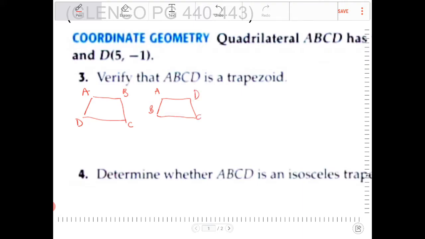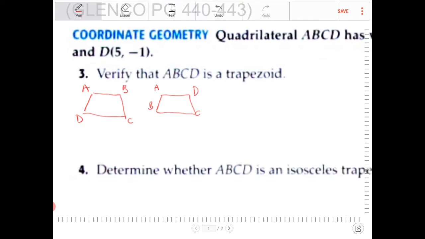The reason is that by drawing the diagram in either orientation, you will have the same diagonals, AC and BD, no matter how you orient it. So just keep that in mind as we go through the exercises, because I will be applying that technique here.